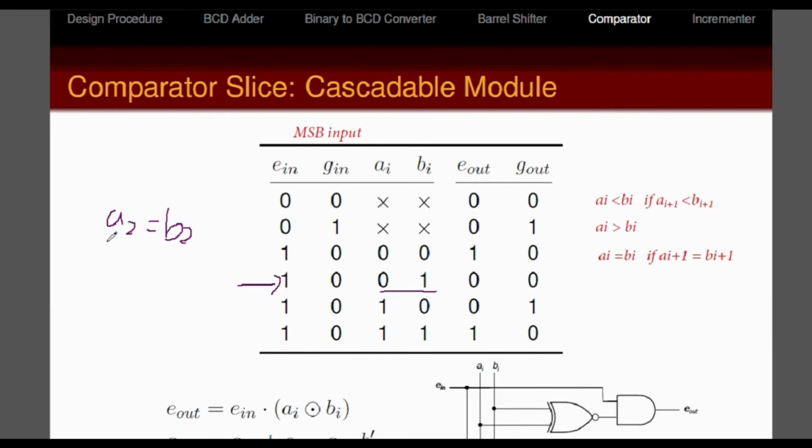If A1 now is equal to 0 and B1 equal to 1. So from this one, obviously, the most significant bit is equal. Then how do you know? A is 0, B is 1. Obviously, A is less than B.